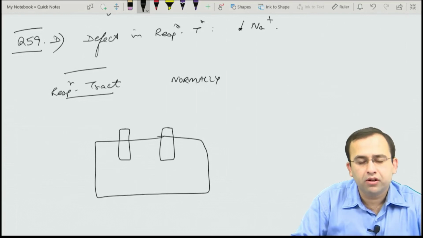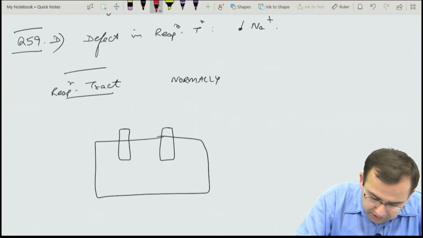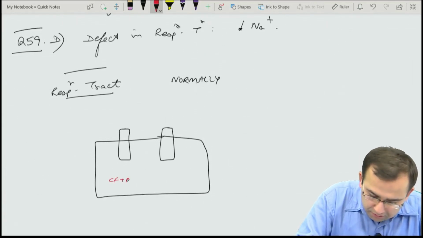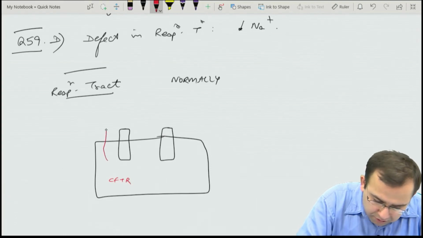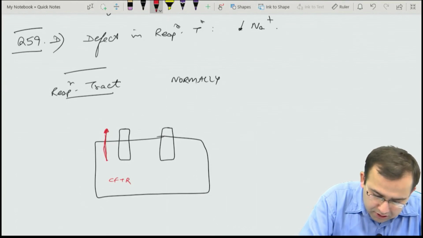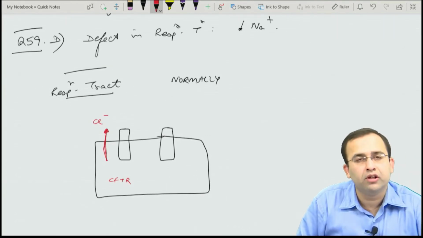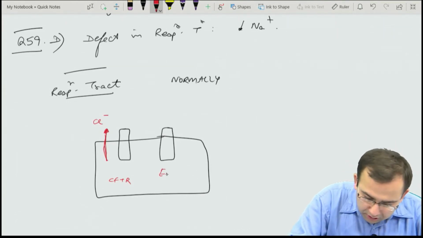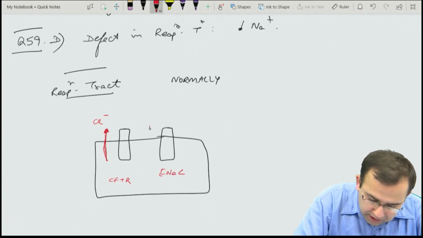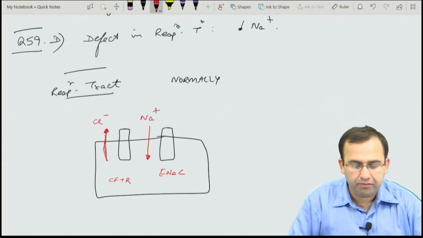The normal role of CFTR protein is excretion of chloride into the lumen, and the normal role of ENaC is absorption of sodium from the lumen.